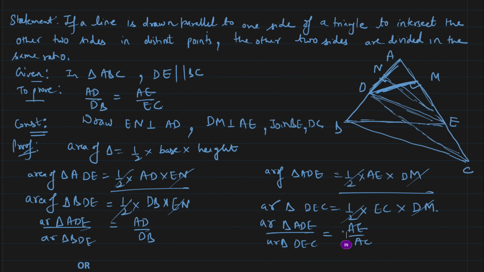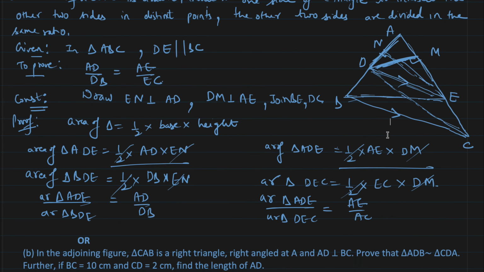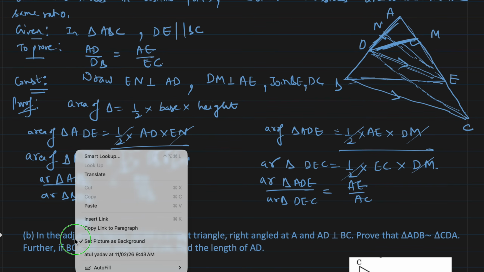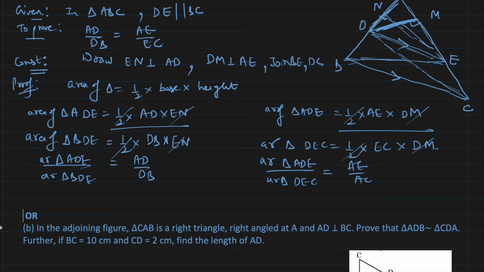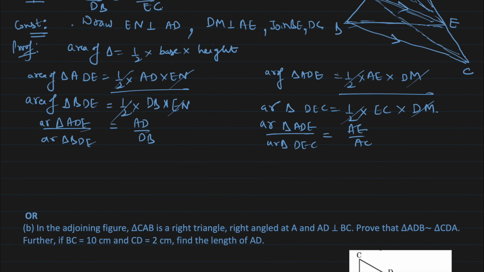Now, the most important thing: these BDE and DCE triangles are between the same parallels and on the same base. DE is the same base there. So I'll just write one statement here. What I'll do is move this question a little down. I need two lines of space here.